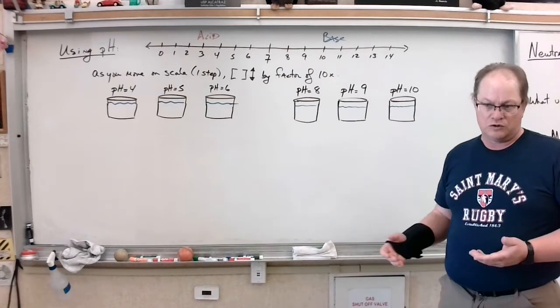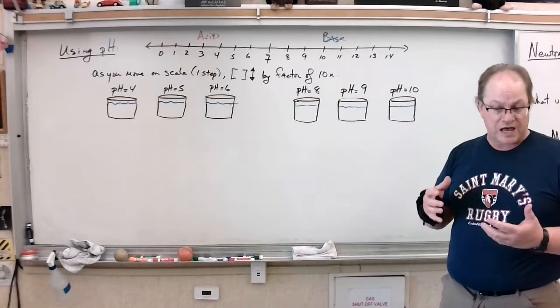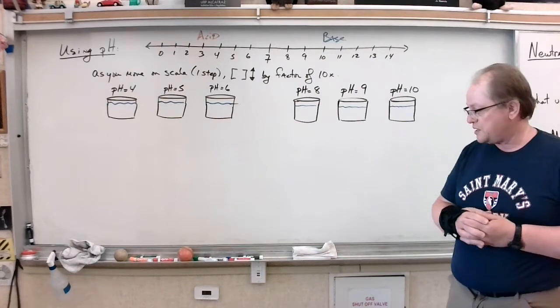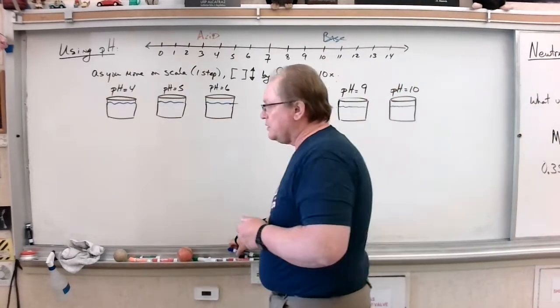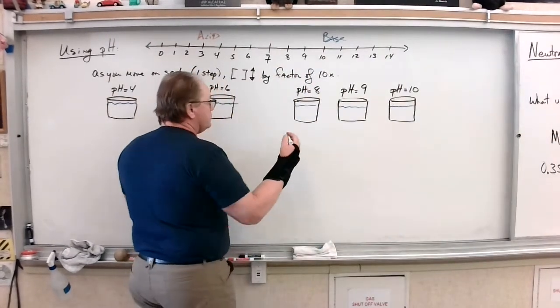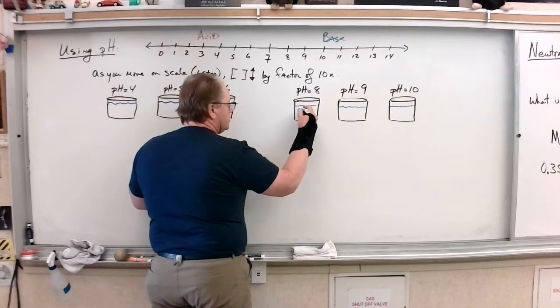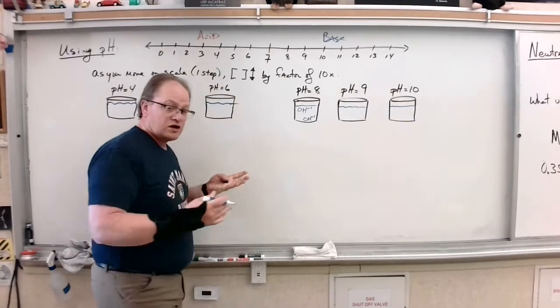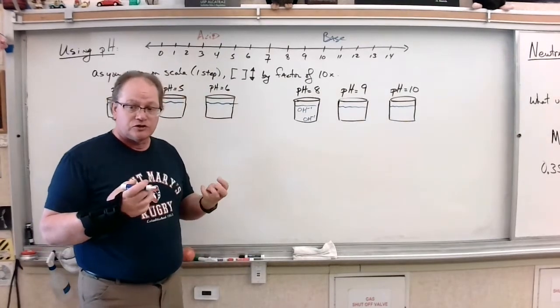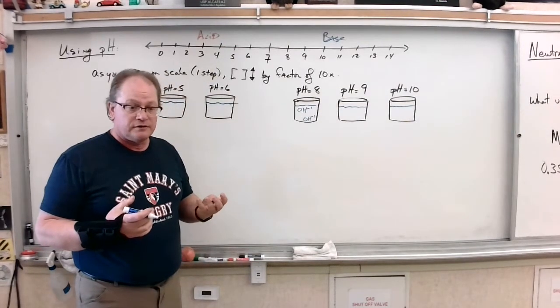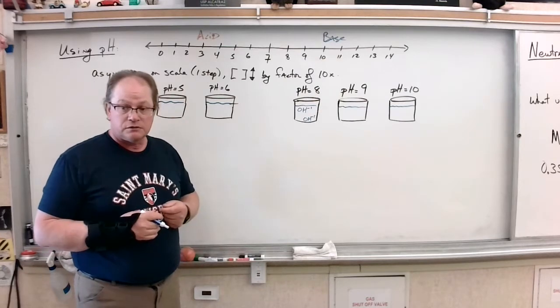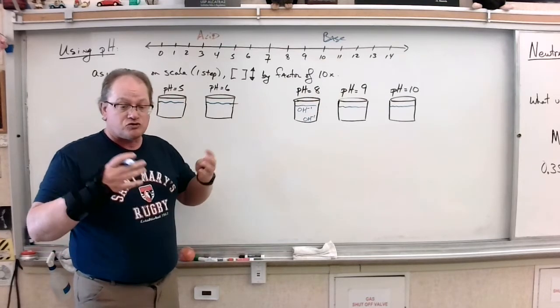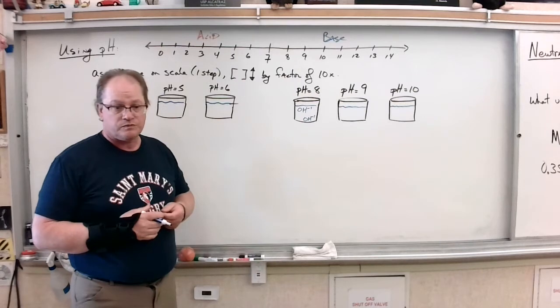And what do bases do? Bases accept hydrogen ions. That's what bases do. And so a really good example of a base would be hydroxide ions, because hydroxide ions are going to grab onto a hydrogen ion and make water, right? Hydroxide is a base.